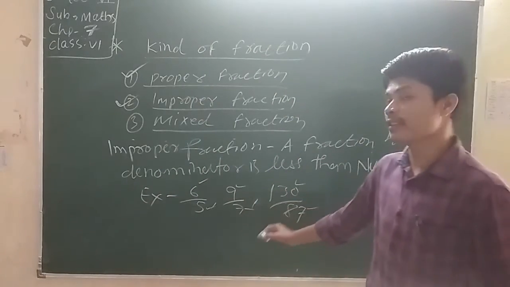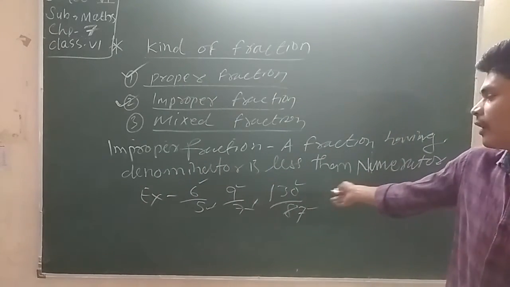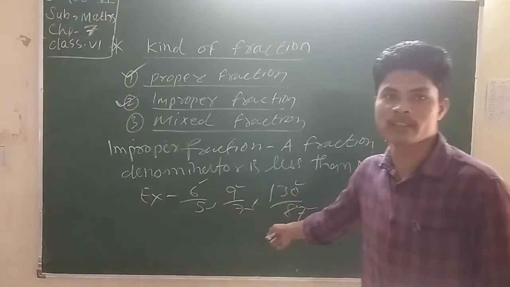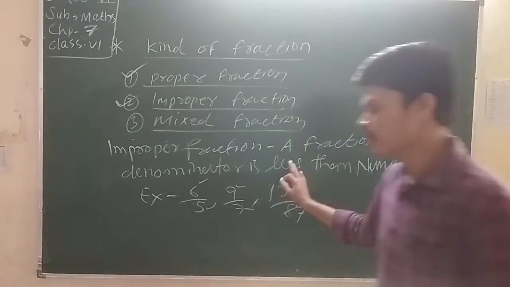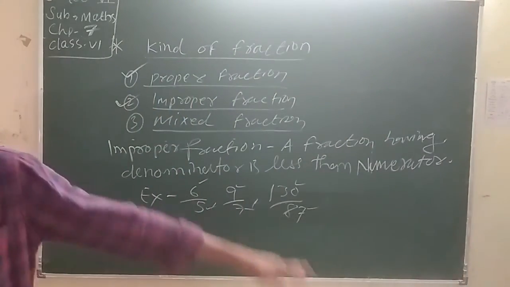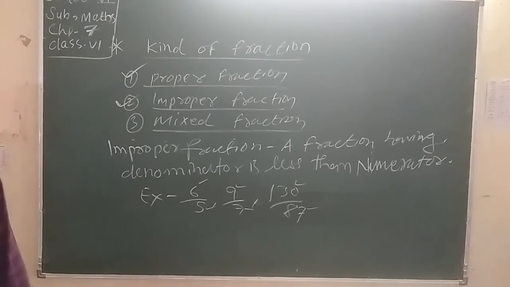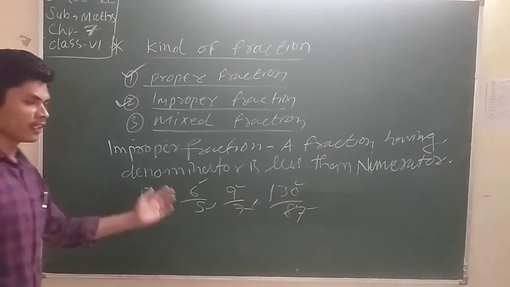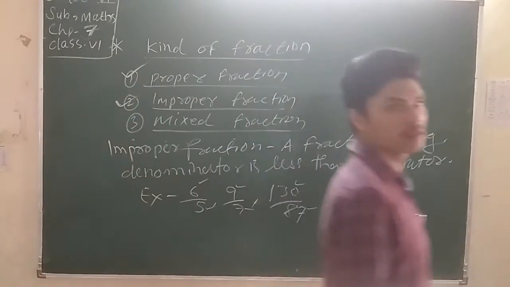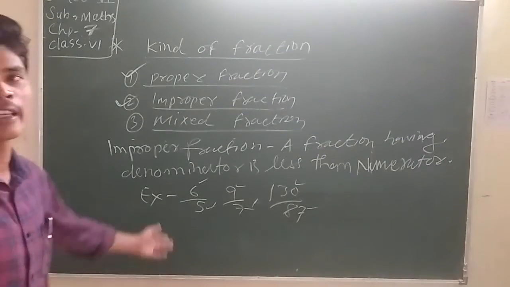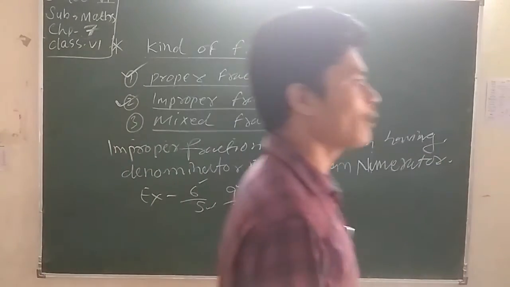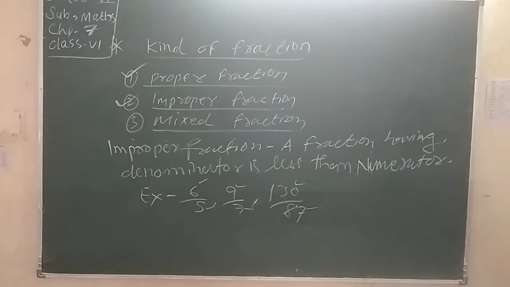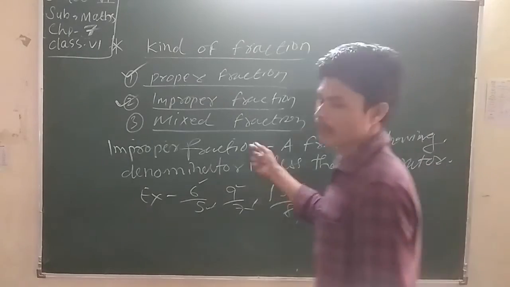In all these fractions, we observe the denominator is always smaller than the numerator. Then that fraction is called an improper fraction.